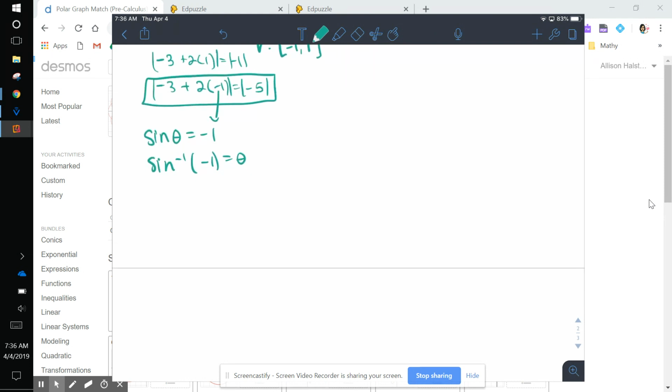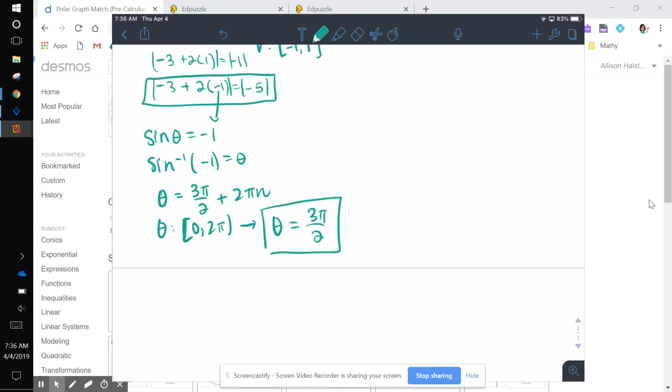Sine inverse of -1 is equal to theta. So theta is equal to 3 pi over 2 plus 2 pi n. But if I'm looking for thetas between 0 and 2 pi, the only answer I get is theta equal to 3 pi over 2.